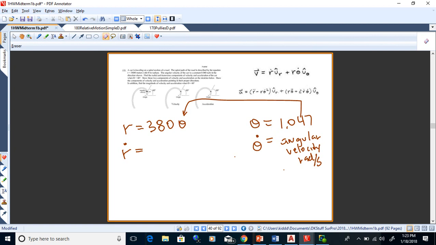Yeah. How do we take the derivative of the R? What do we got? Yeah, right. I guess the short answer to what is the derivative of that is I don't really care all that much, because I know it's 380 theta dot, and I know what theta dot is. You're given theta dot, just plug it in, you're done, okay?